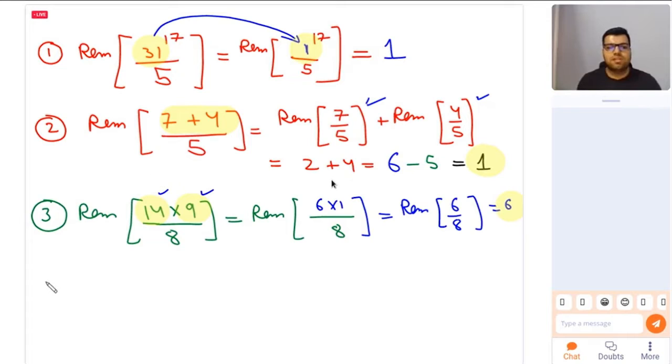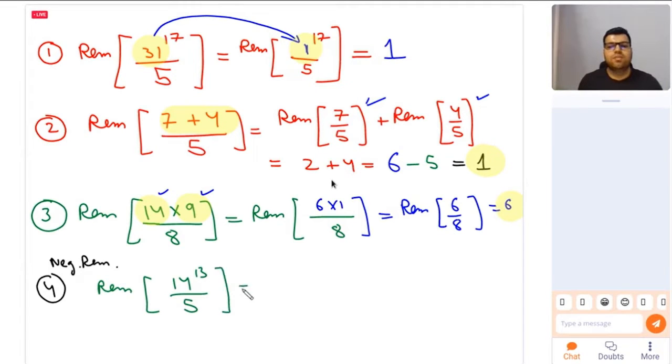This is actually a tool for us to simplify calculations. So negative remainders. So what was it? So I would say remainder of, say, 14 raised to power 13 with 5. We have to calculate. So I explained it to students.